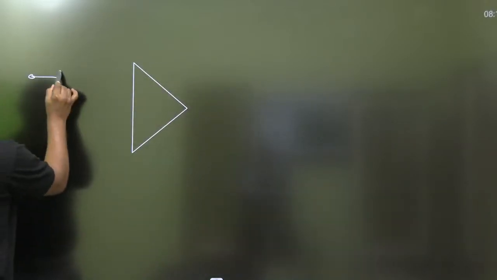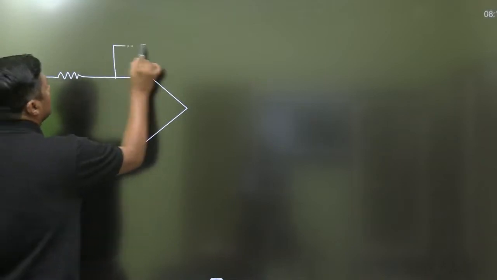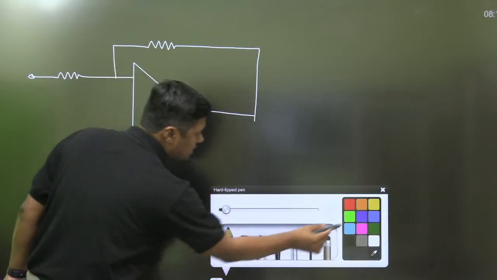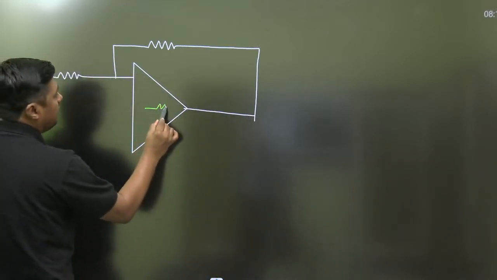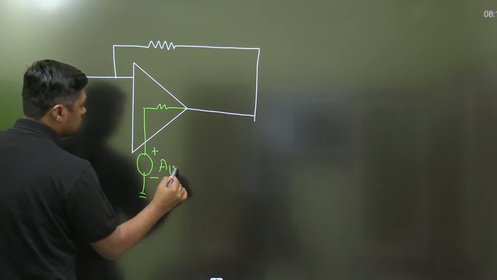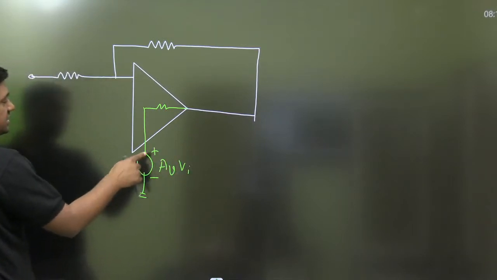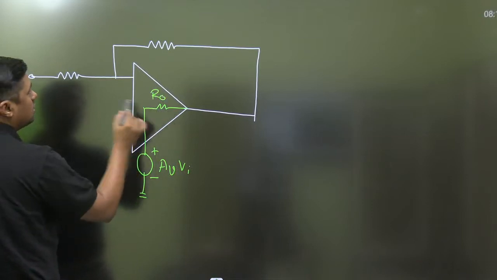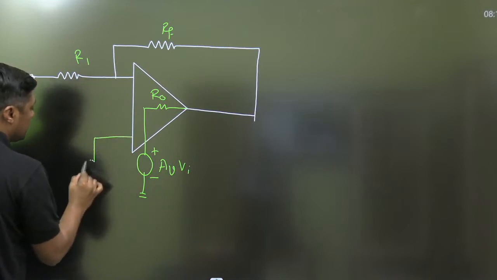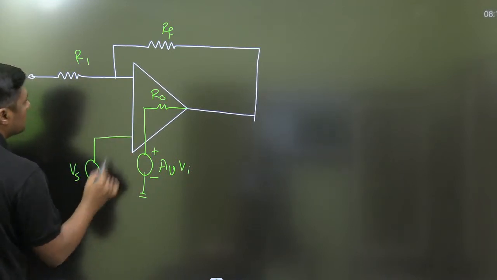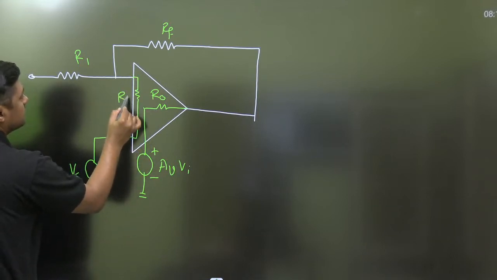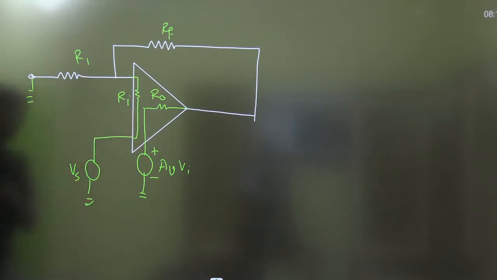Now, always remember, that is the internal diagram of the operational amplifier. When there is a 0 degree phase shift, this is the plus, this is the minus, this is the R0, this is RF, this is R1. Here we are connecting the Vs. This is the input resistance Ri, and this is connected to ground.